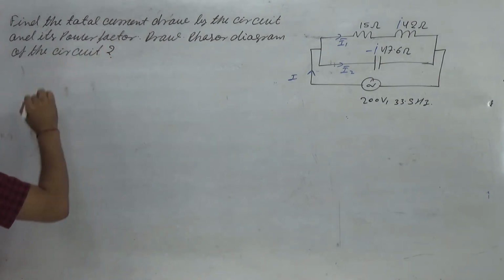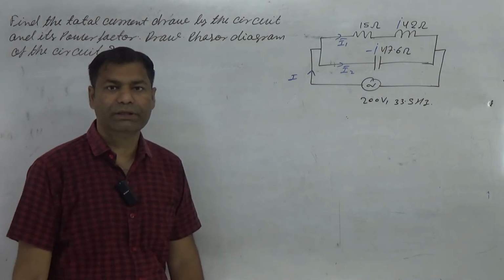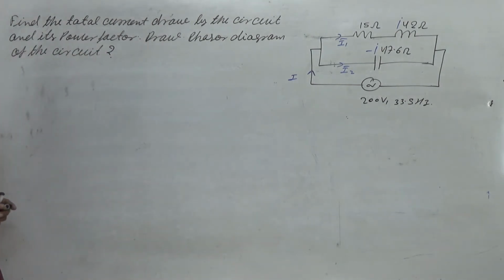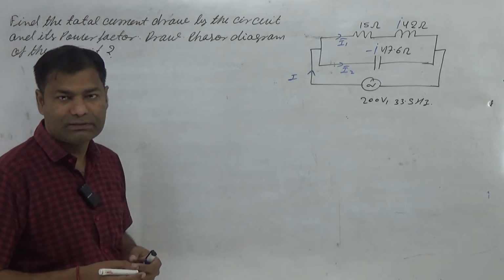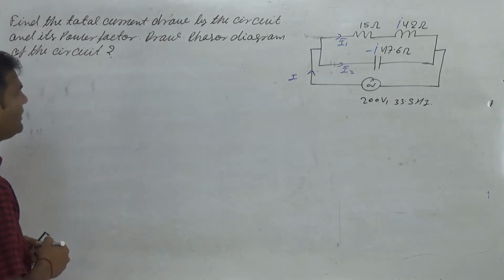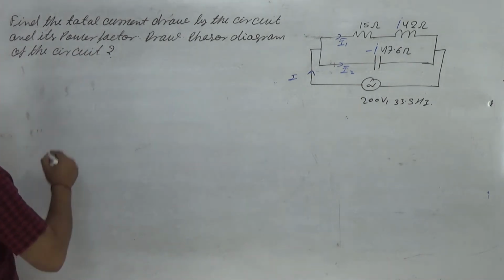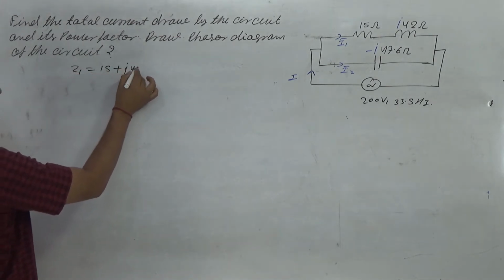Now our motto is to find the total current drawn by the circuit and its power factor. The circuit is given like this. First of all we determine I1 and I2, and after that I. How can we determine I1 in branch 1? Z1 is written as 15 plus j42.